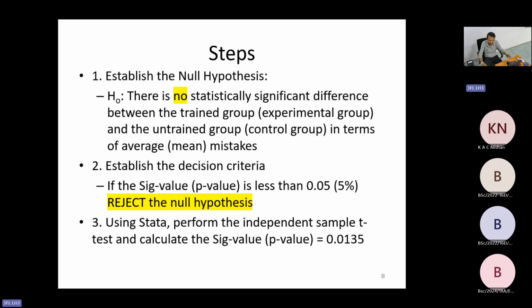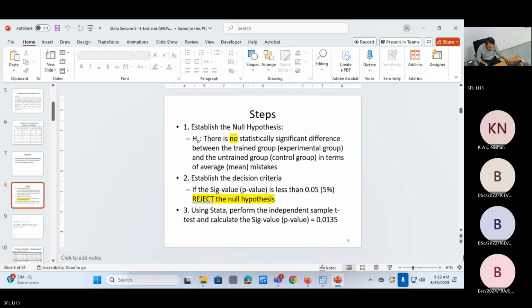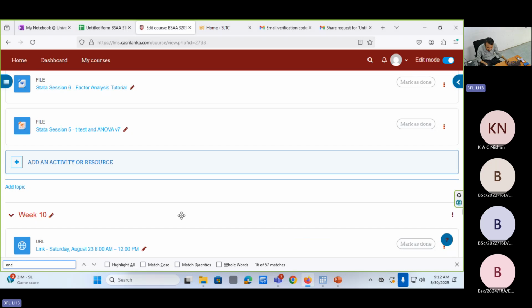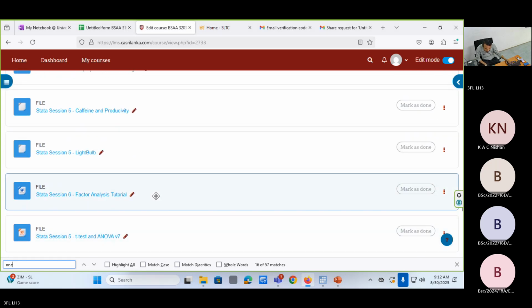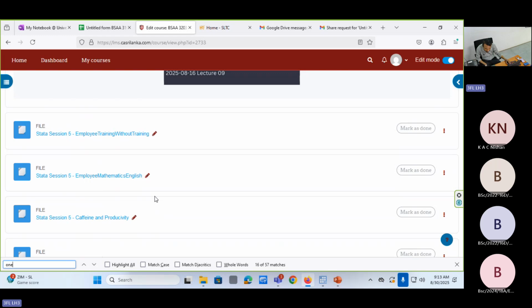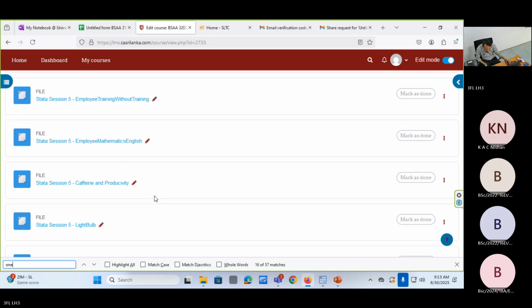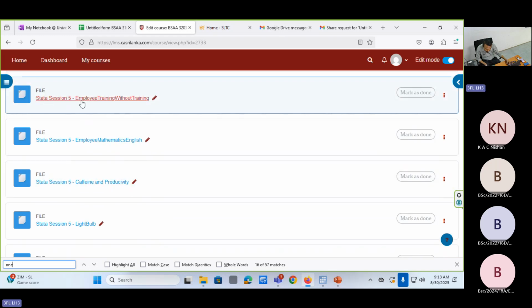For that, you need to go back to there, and you can see there's a file. Data session file, employee training with and without training data file.